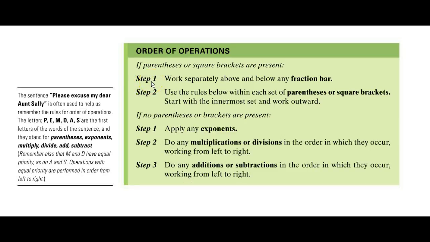And here we see it summarized as well. Work separately above and below a fraction bar, because that is a grouping symbol. And then parentheses or square brackets, you start at the innermost and work outward. Then exponents. Then multiplication, division, again, whichever comes first. And then addition, subtraction.